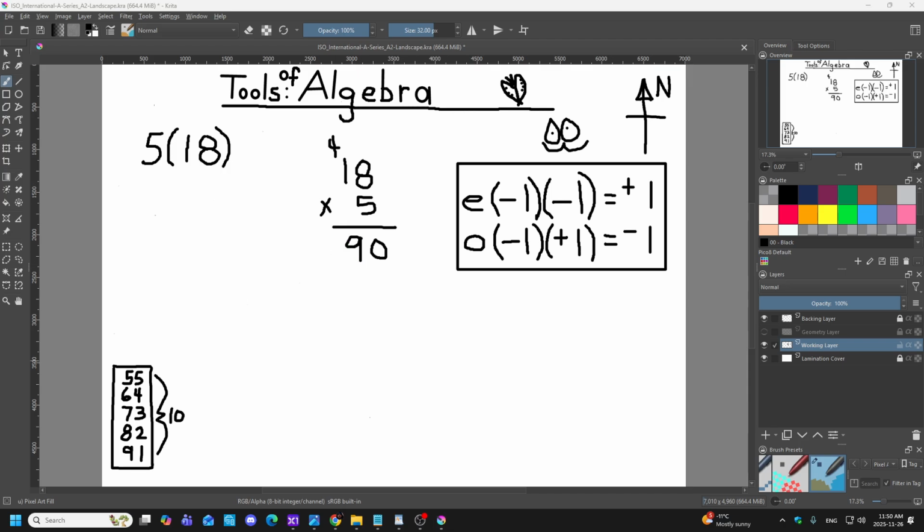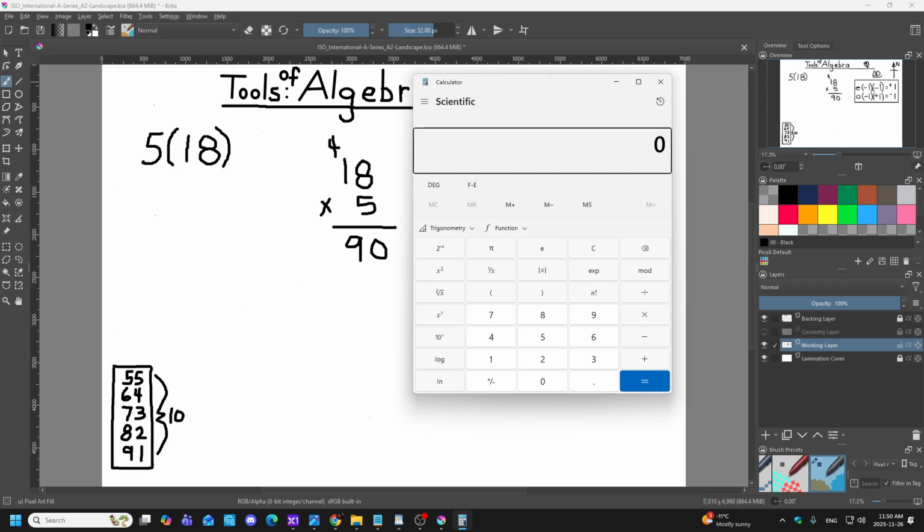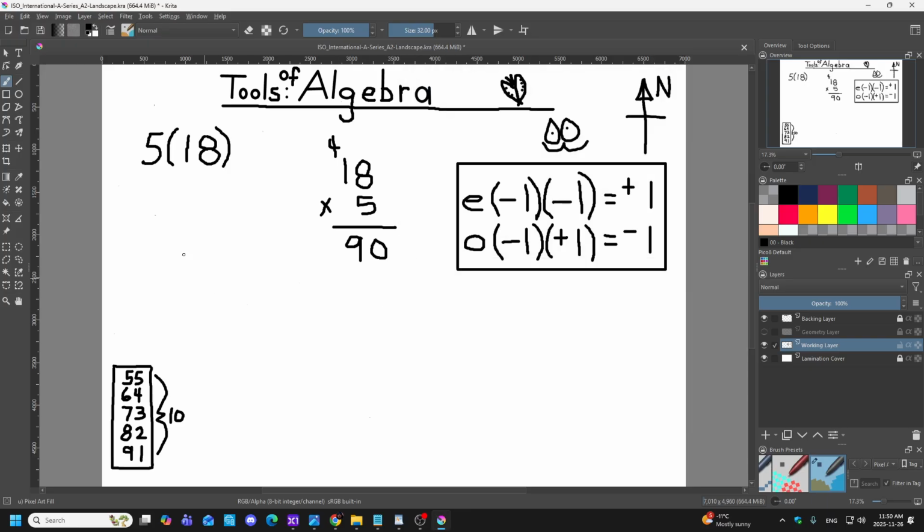Okay. Double check. 18 times 5, 90. And again, our answer is going to be a positive. Well, this is just normal mathematics to us, right? We're used to this. So we know what the answer is going to be.